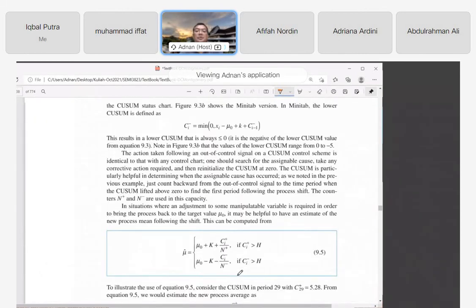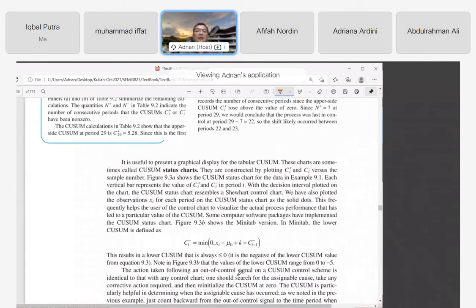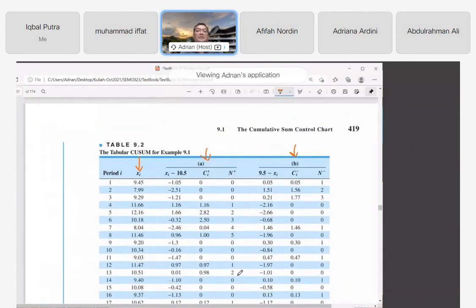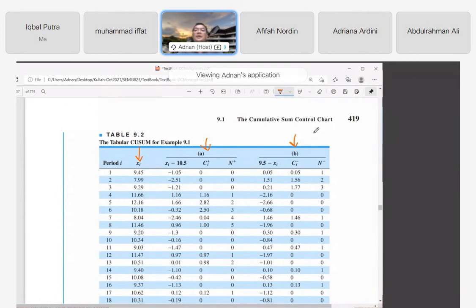Okay, so let me finish this on the tabular CUSUM here. In this tabular CUSUM, we need to understand how we get these values. I think this is already similar to what we have seen. This value, this one also.